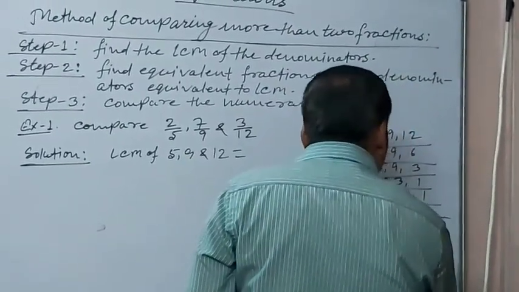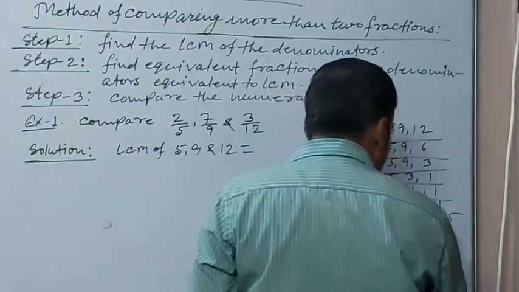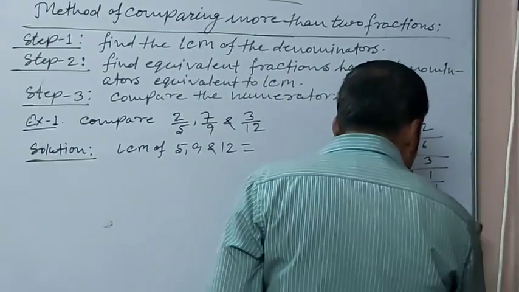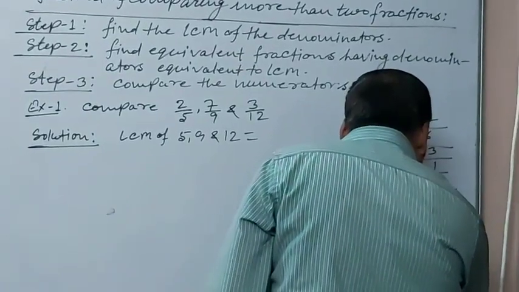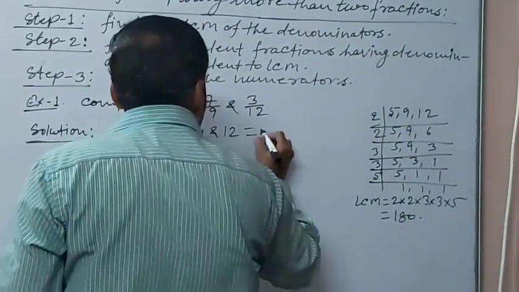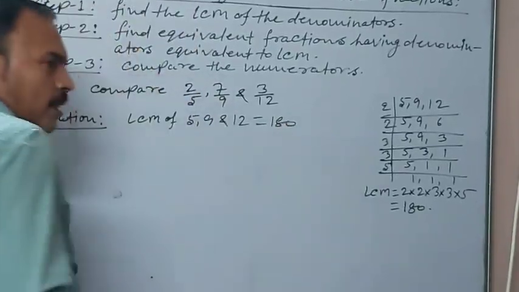That will be equal to 2 twos are 4, 4 threes are 12, 12 threes are 36, 5 times is 180. So LCM equal to 180 here.